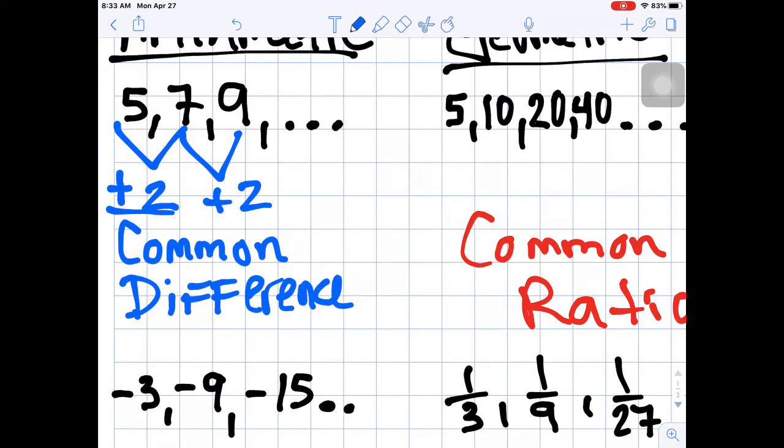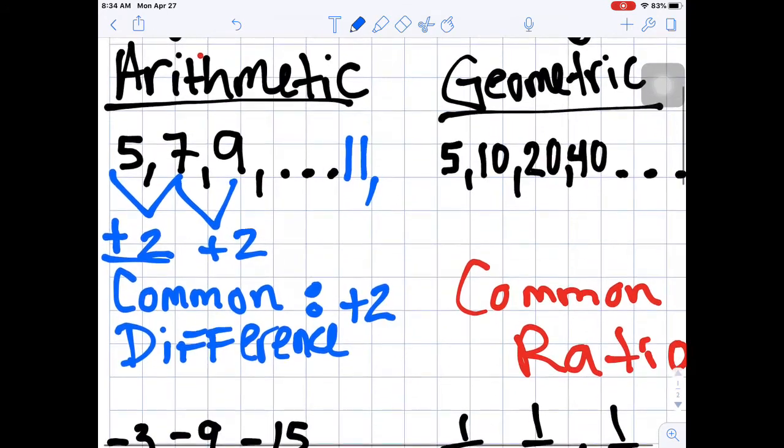So the common difference is plus 2. So the question will be, what will be the next number of this arithmetic sequence? What will be the next term? So if the pattern continues, the next one should be, that's right, 11, and so on and so forth until infinity and beyond. So those are called arithmetic sequences.